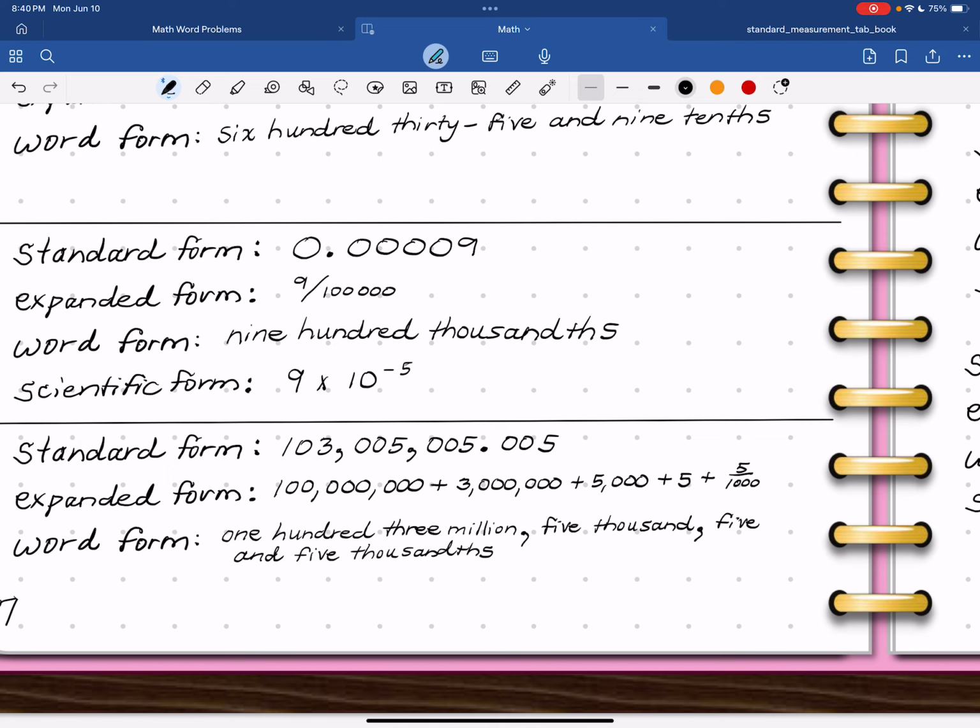103,000,000, 5,000, 5, and 5,000ths. Let me just color code this one for you. Here's the 103 million. Here's the 5,000. Here's the 5.